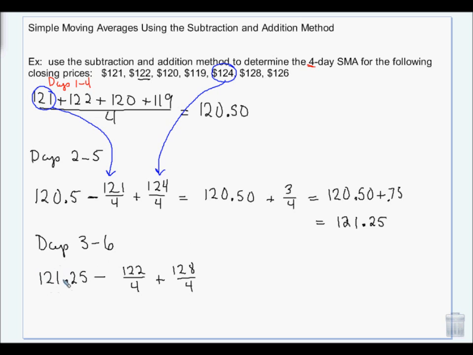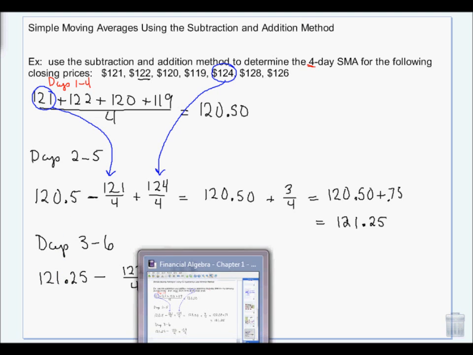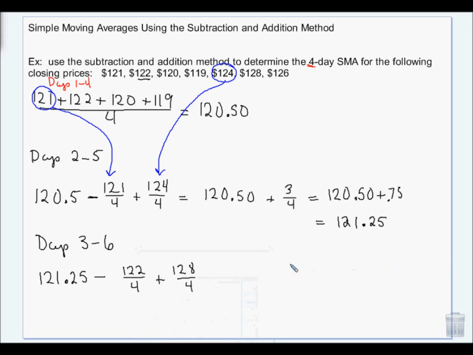So I take away day 2 to start at day 3, and then I add day 6. So this is going to be negative 122 plus 128, so that's 6 over 4, which is $1.50, right?